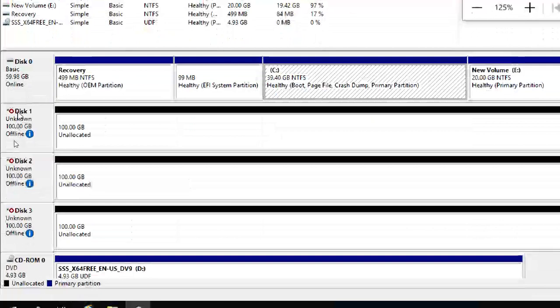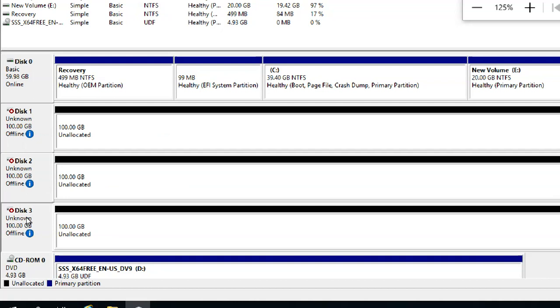Okay, like this. So disk 1, disk 2, disk 3, 100 GB, 100 GB, 100 GB. All are uninitialized disks only.